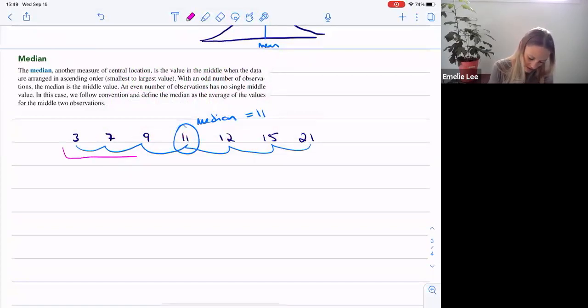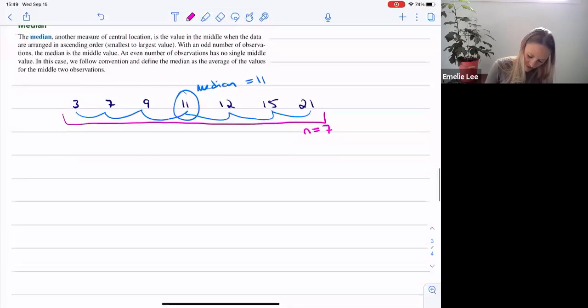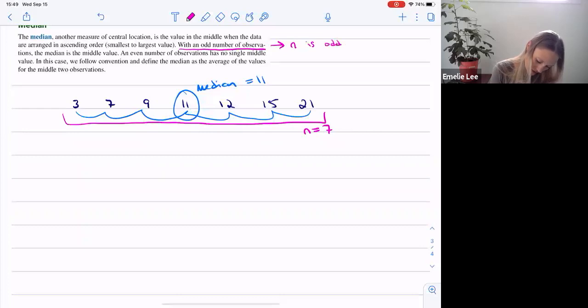So here, n is 7. With an odd number of observations, n is odd. So that's what it means.